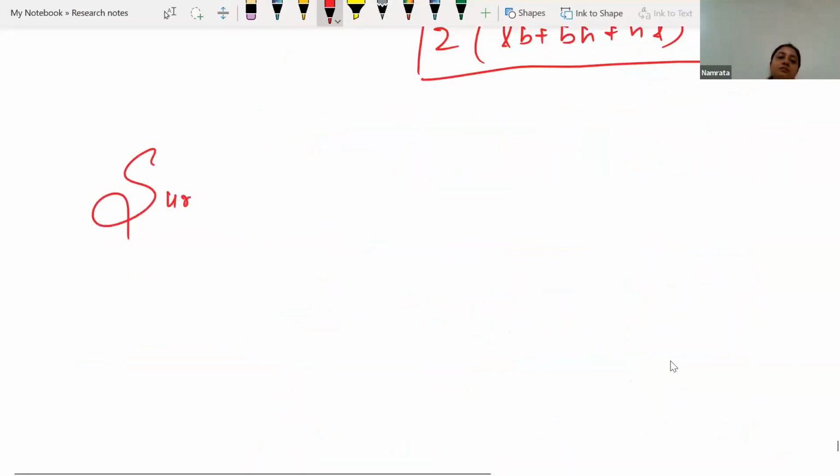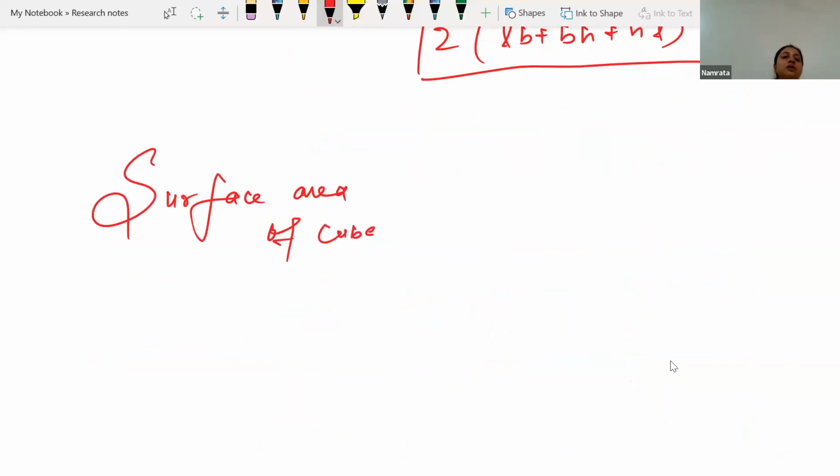Now the surface area of a cube. This cube is made up of squares. All the sides which were rectangles for the cuboid are now squares. So length is a, breadth is also a, and height is also a, everything is a.